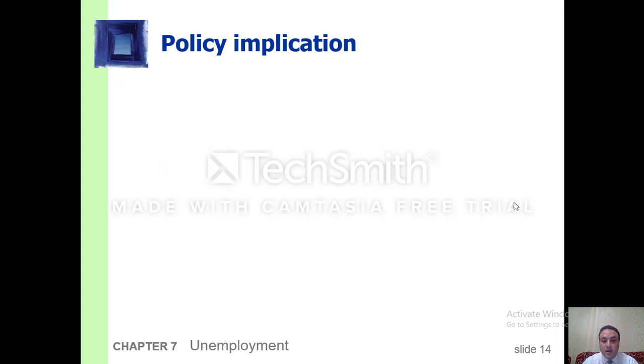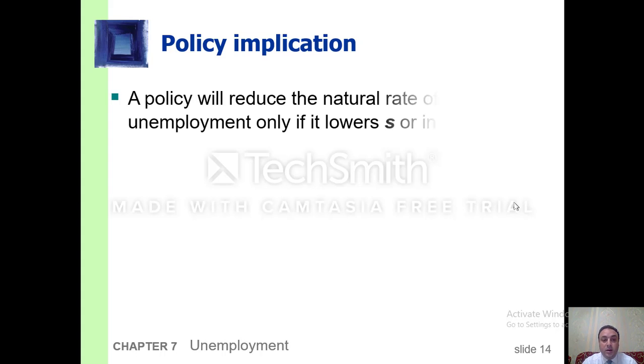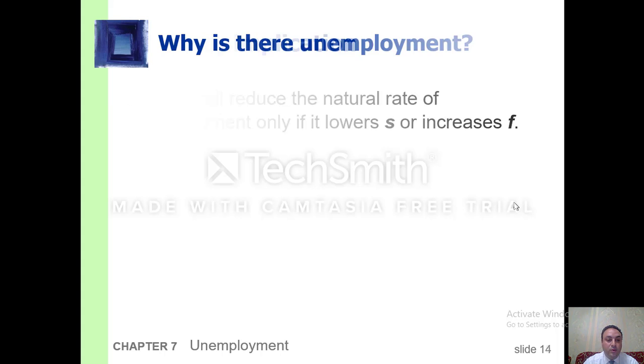So this is the natural rate of unemployment. According to this, we can see some policy implications: a policy will reduce the natural rate of unemployment only if it lowers S, the number of people who lose their jobs, or increases F, the number of people who find new jobs.